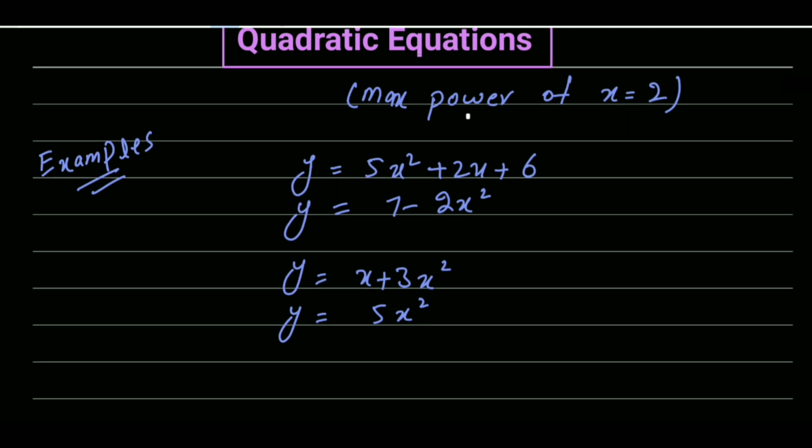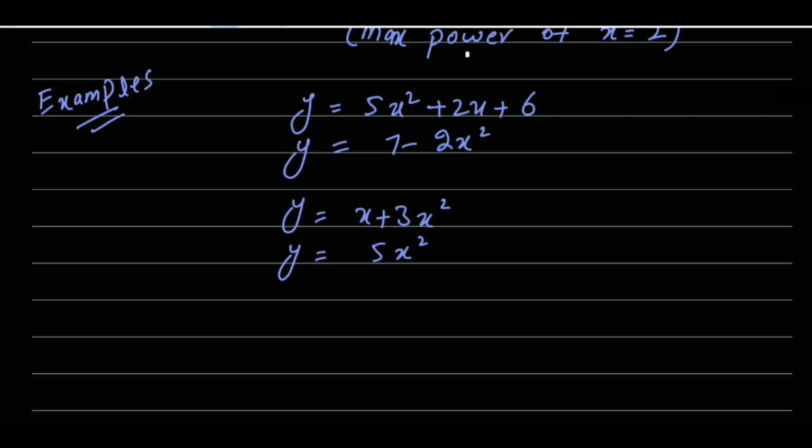So, what is the standard form of the quadratic equation? Standard form is y is equal to ax square plus bx plus c. So, this is the standard form of a quadratic equation.